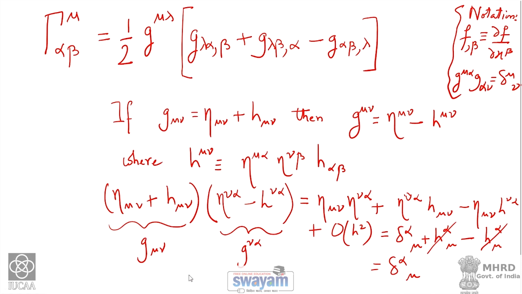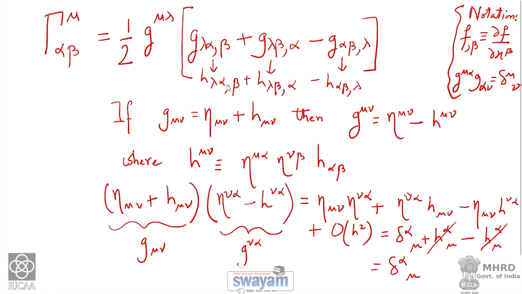In other words, what we have demonstrated is that when we are writing down the Christoffel symbol, our G mu lambda, which is eta mu nu minus h mu nu, and since the derivative of eta mu nu is constant, the derivative will only be for h mu nu. So, this object will be simply h lambda alpha comma beta, this object will be h lambda beta comma alpha, and this object will be h alpha beta comma lambda.